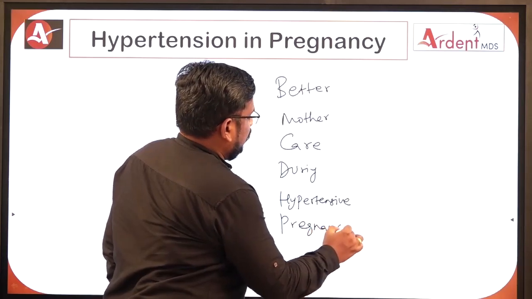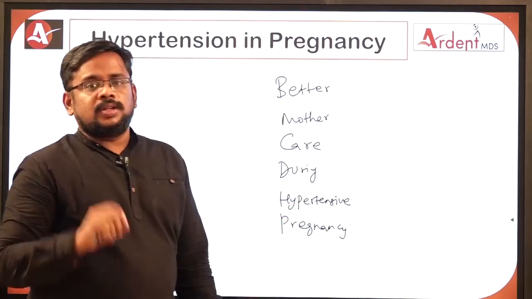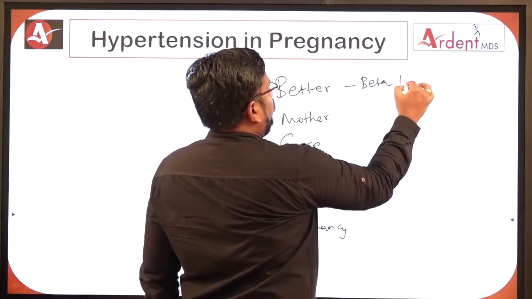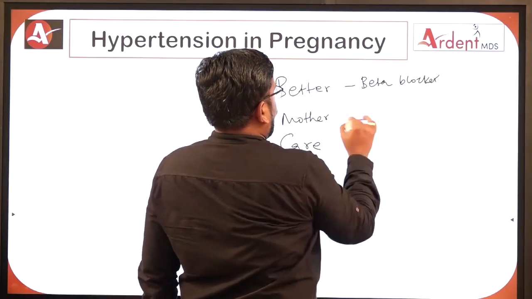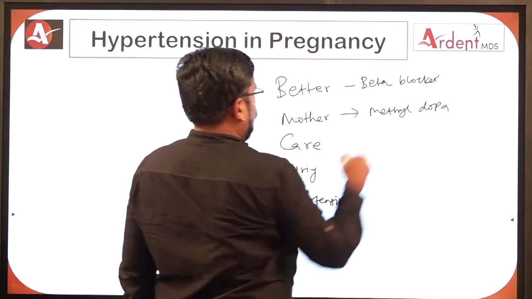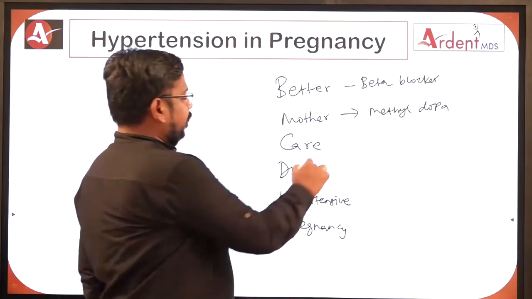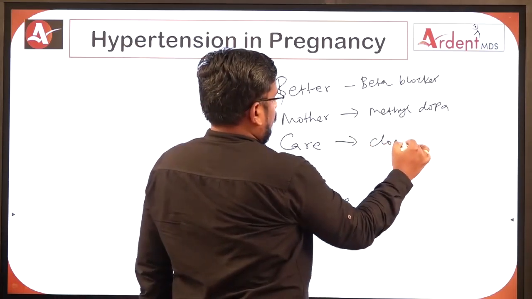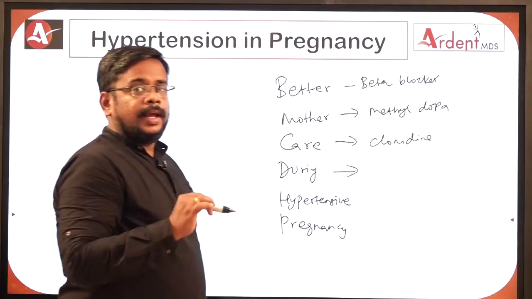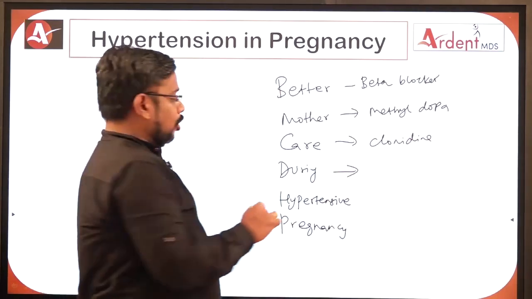So during pregnancy, I have to take care of the mother. B for beta blocker, M for methyldopa, C for clonidine, D for dihydropyridine calcium channel blockers.